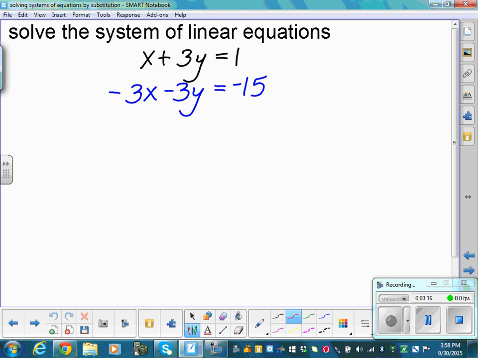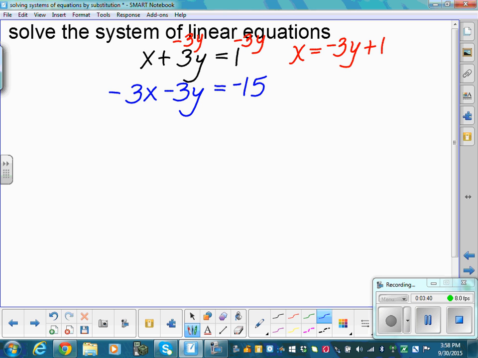In this top equation, I'm going to get x by itself by subtracting 3y from both sides of the equation. Then I have my new equation here: x is equal to negative 3y plus 1. I just got one of the variables all by themselves in my top equation.